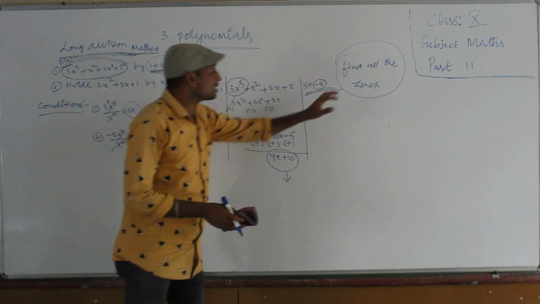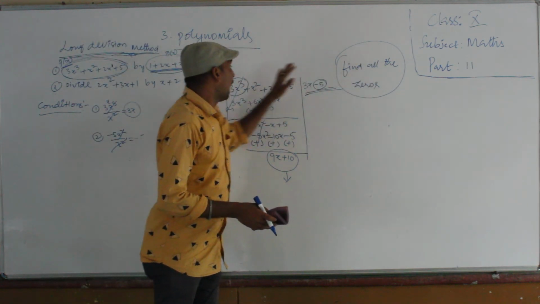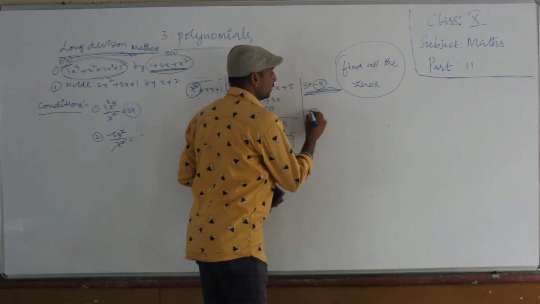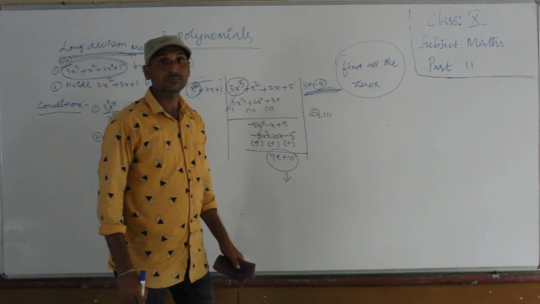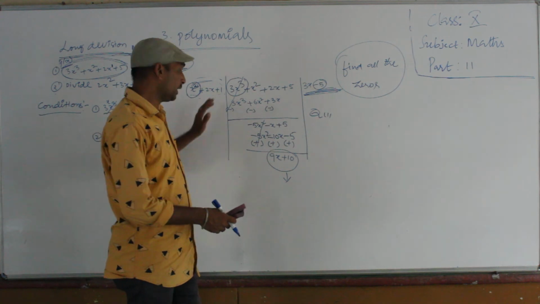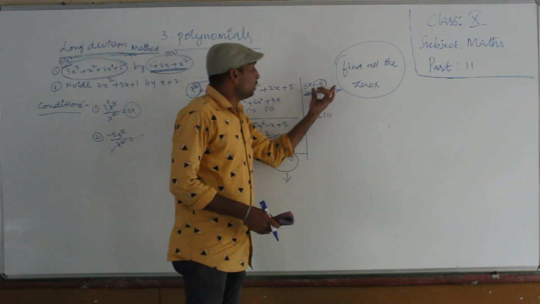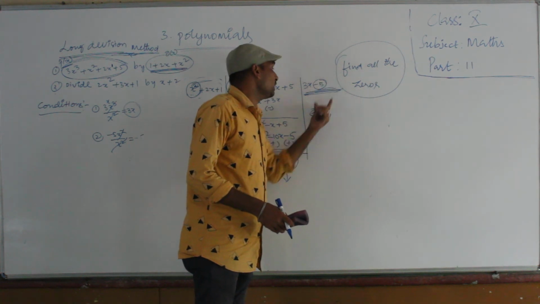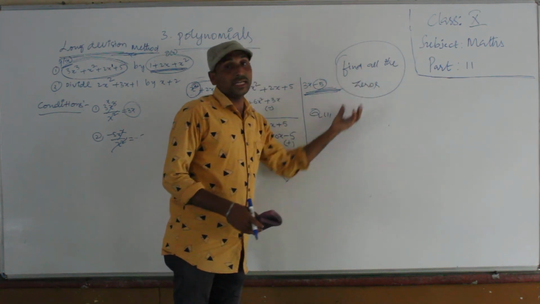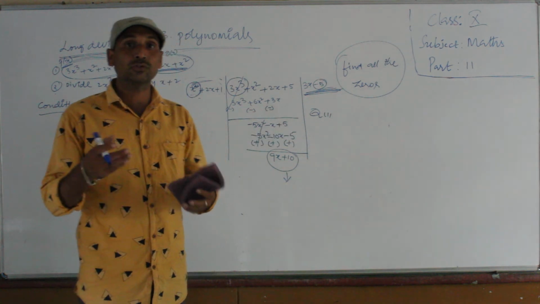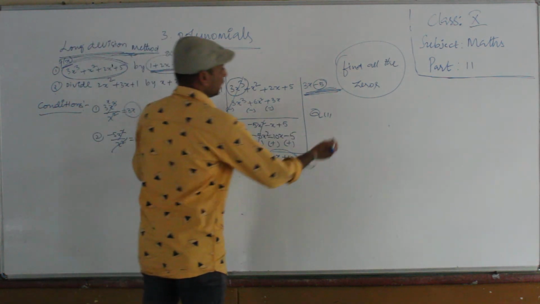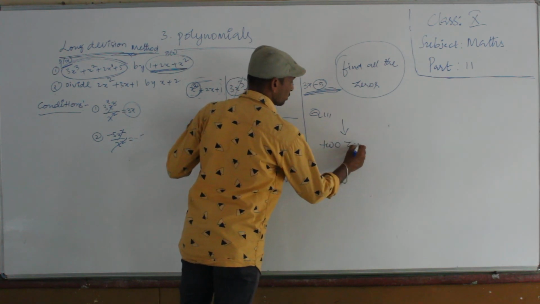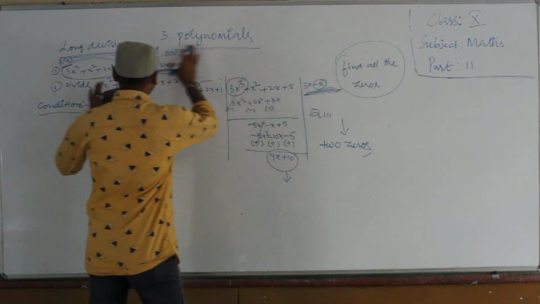If they add this condition, after finding the quotient we will get one quadratic polynomial. For the quadratic polynomial, you know how to find the zeros by the splitting method. In the splitting method, you will get 2 zeros. Children, remember this.